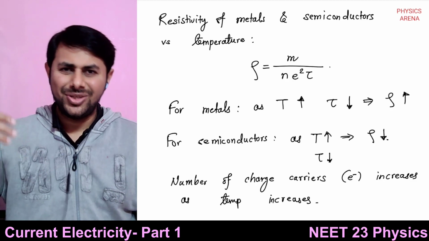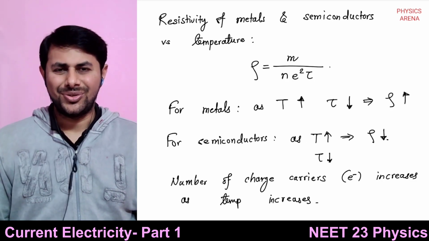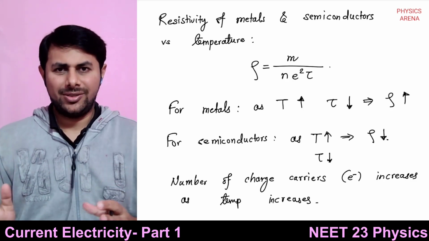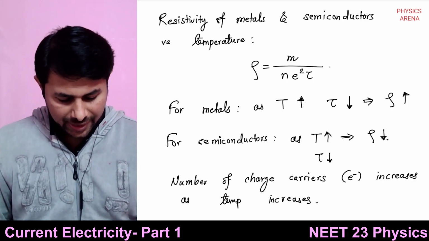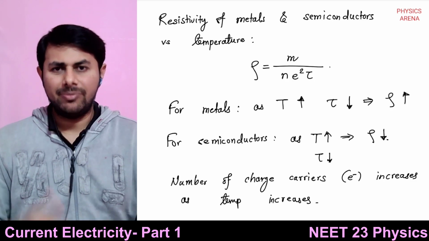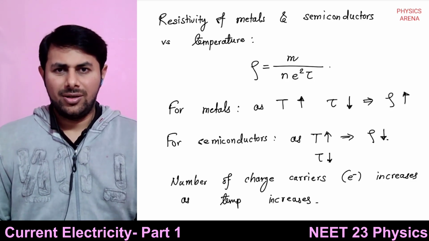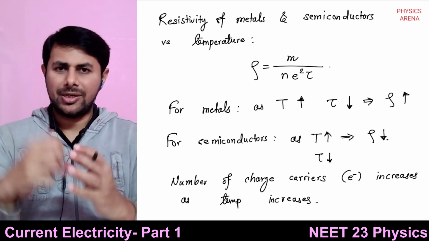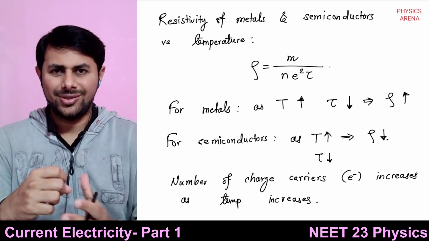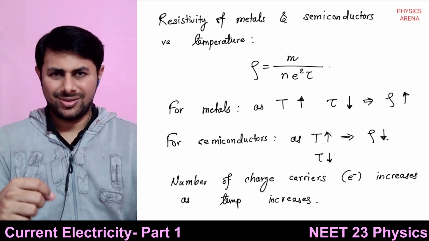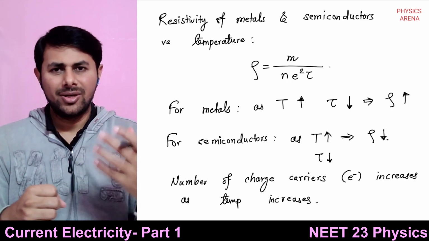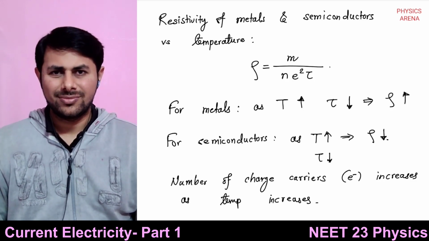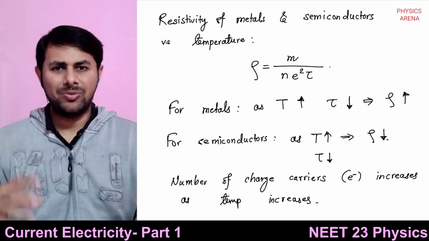So this happens initially as you increase the temperature. Now let's suppose you keep on increasing it, you make it very high. At some limit, the number of charge carriers that can be free, that can be available for conduction, will approach a limit. A semiconductor cannot lose more than 4 electrons, so it will lose 4 electrons, right? So it has made 4 electrons free for conduction. All electrons are roaming around.